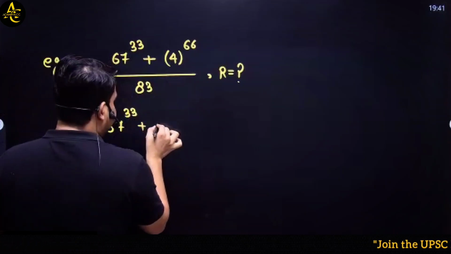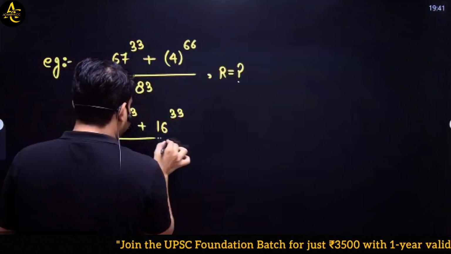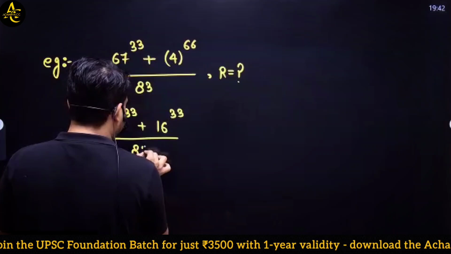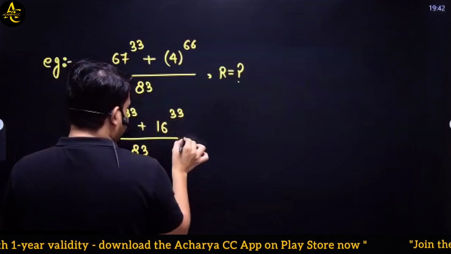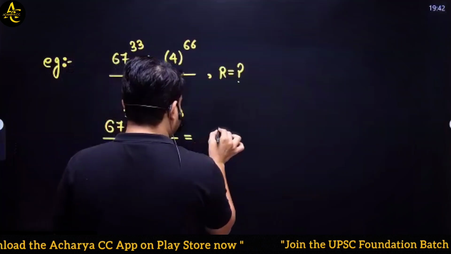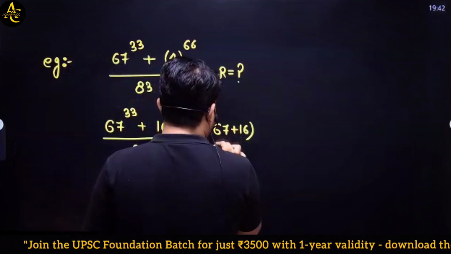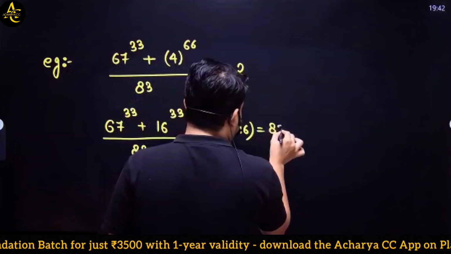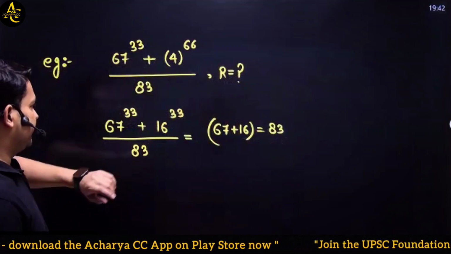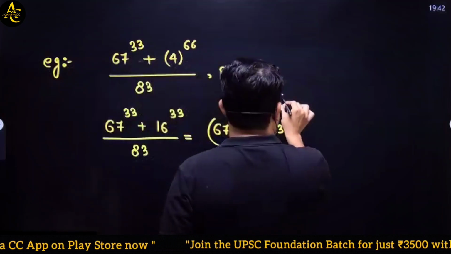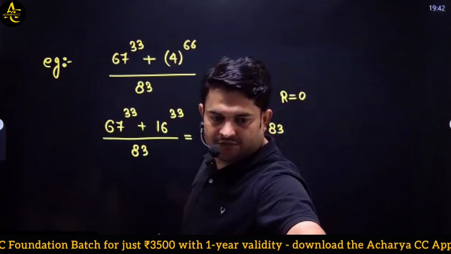You can write it as 16 to the power 33 upon 83. a to the power n plus b to the power n, n is odd, so it will be divisible by 67 plus 16, and that is 83. So we have 83 in the numerator, it will divide the denominator. The remainder will be 0. Very good.